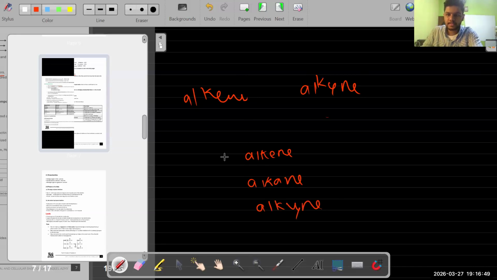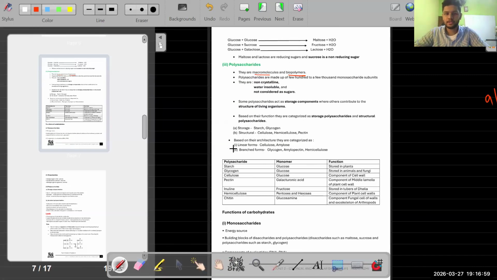Now these are types that we understood under polymers, right? They can form polymers. So polymers means simply a collection of molecules. The biological polymers means biopolymers.